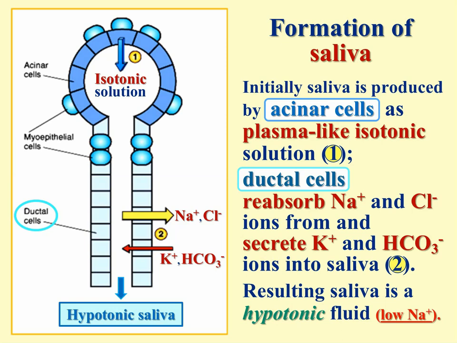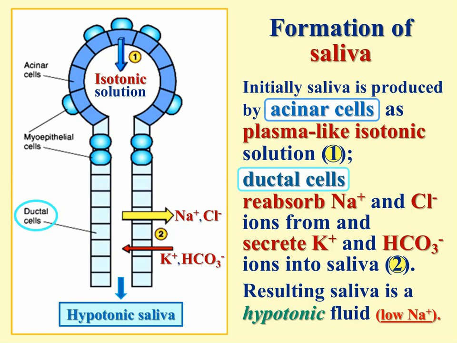And how hypotonic saliva is depends on the rate of formation. When saliva at rest, without eating, is formed rather slowly, the flow of fluid through ducts is slow, and these reabsorption and secretion processes have enough time to produce a very low concentration of sodium and chlorine, and therefore the saliva becomes highly hypotonic.